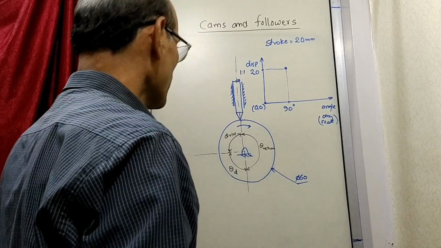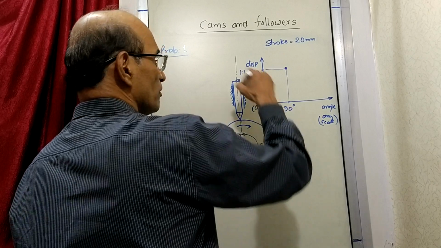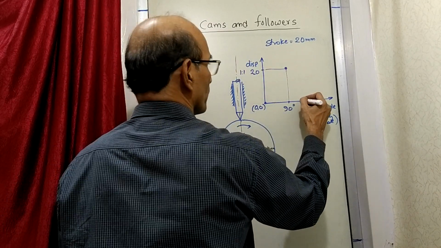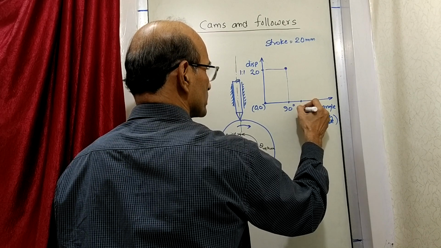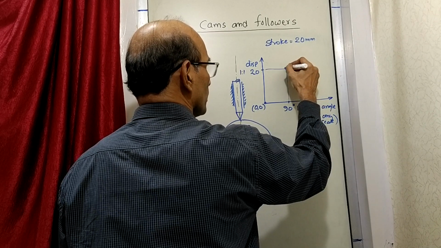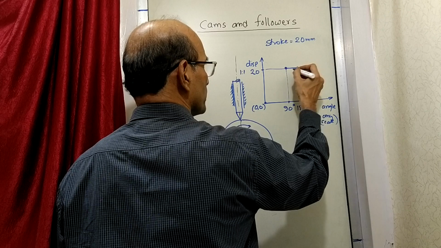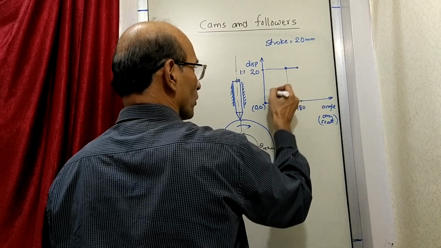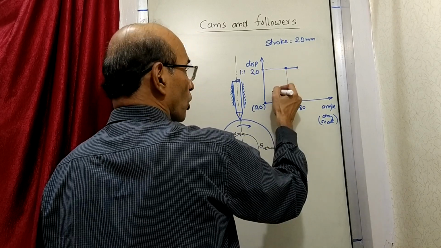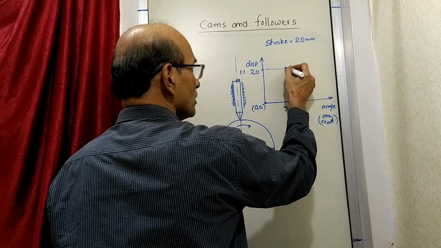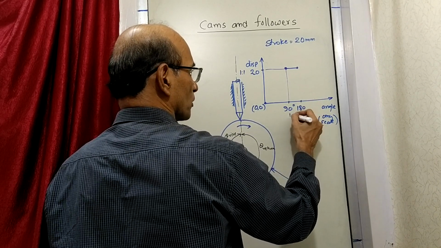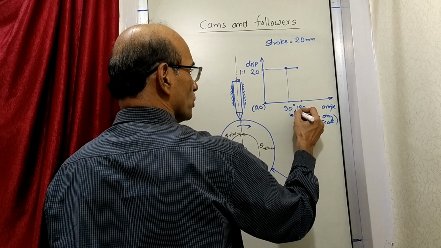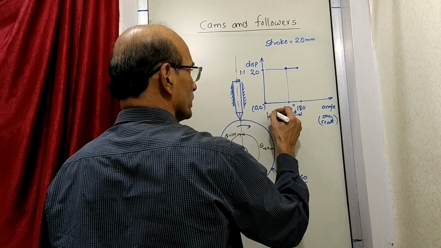Then the next 90 degrees it will remain in that position. So I'll just show this next 90 degrees, that means 180 degrees. It will continue to be at the same height. So this is a graph. There will be one graph coming here also, which I have not yet drawn, but this is very easy to draw because the distance is going to be constant during this interval, because it is dwell. That is theta rise.